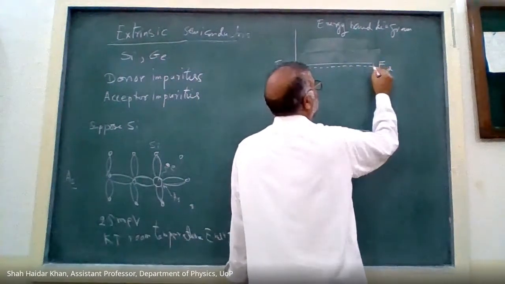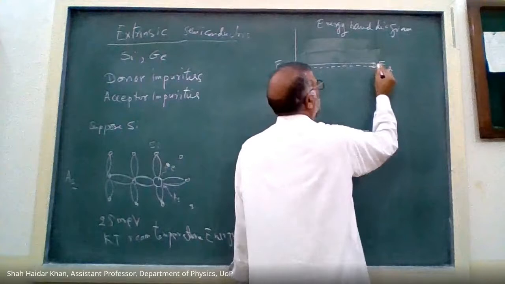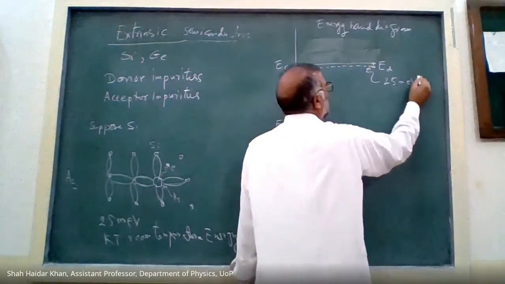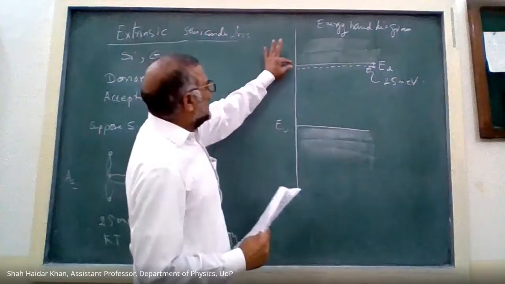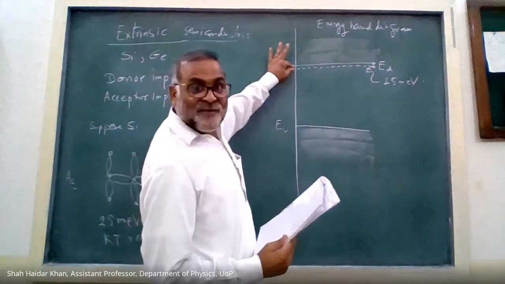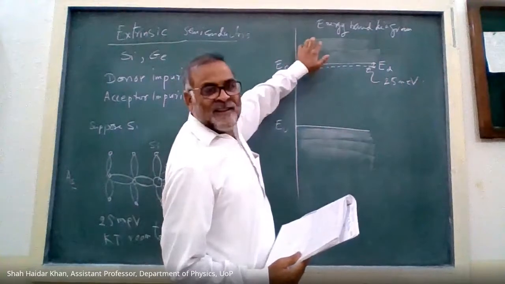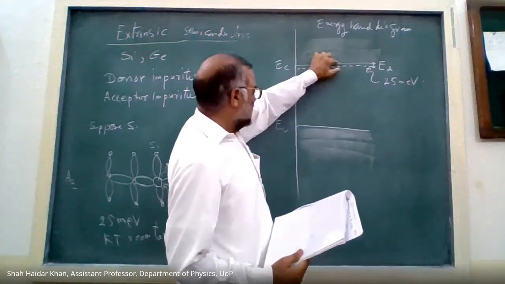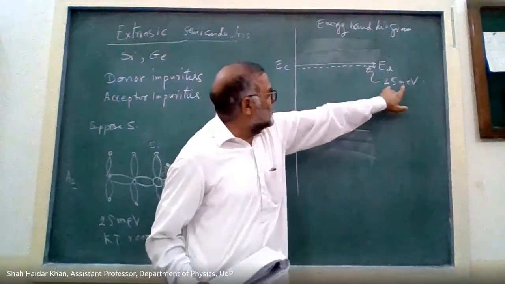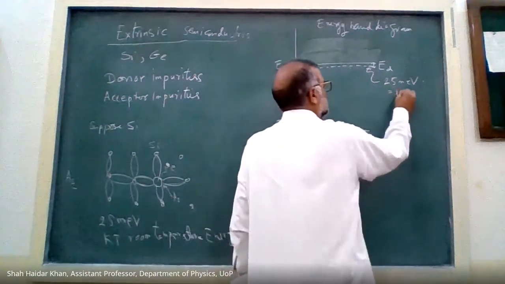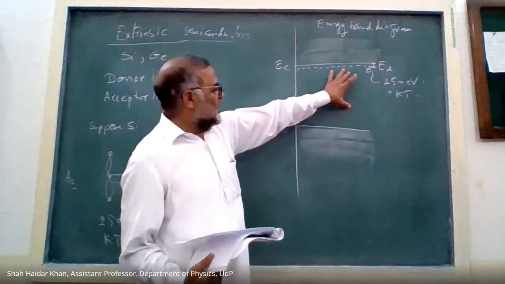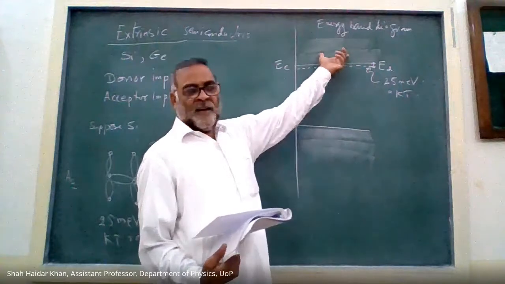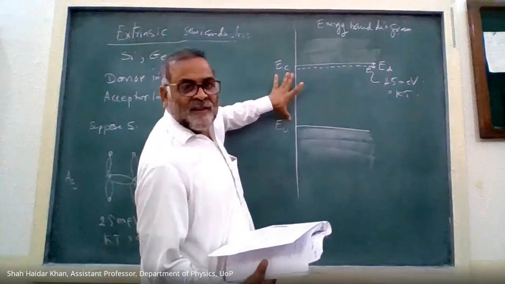They are close to the conduction band bottom, right? And this energy is a small energy, equal to about 25 MeV. The room temperature is enough to make electrons take a transition from those donor states to the conduction band. At a lower temperature, it would be difficult for an electron to jump, but this is not that big a gap.